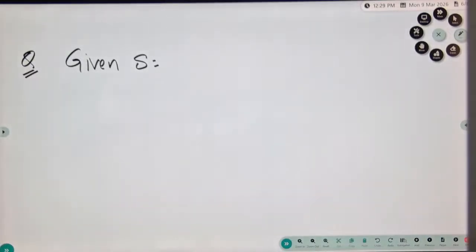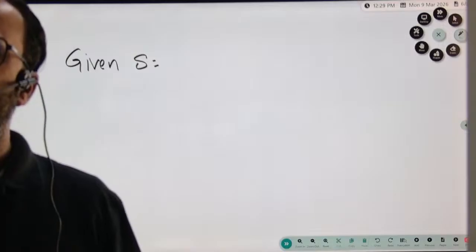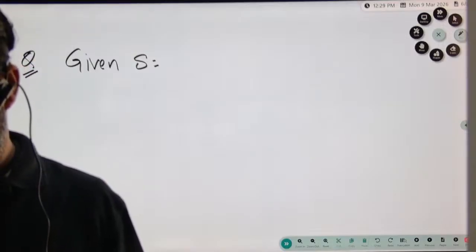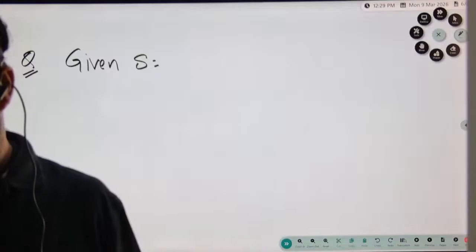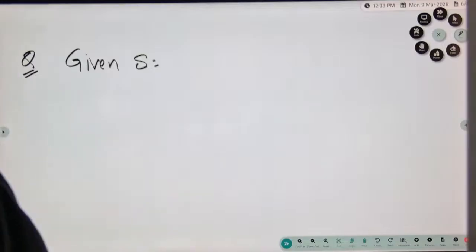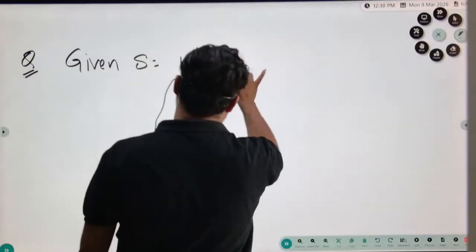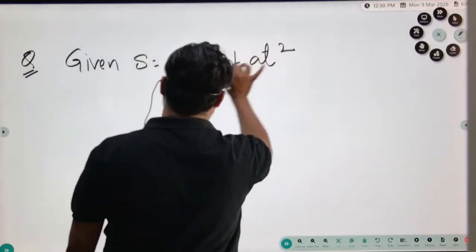What about the second and third equations? You remember? S is equal to ut plus half at square. You remember this equation, right?